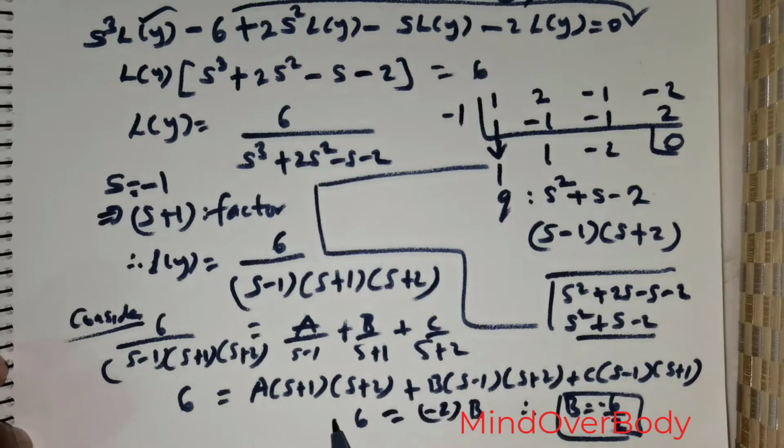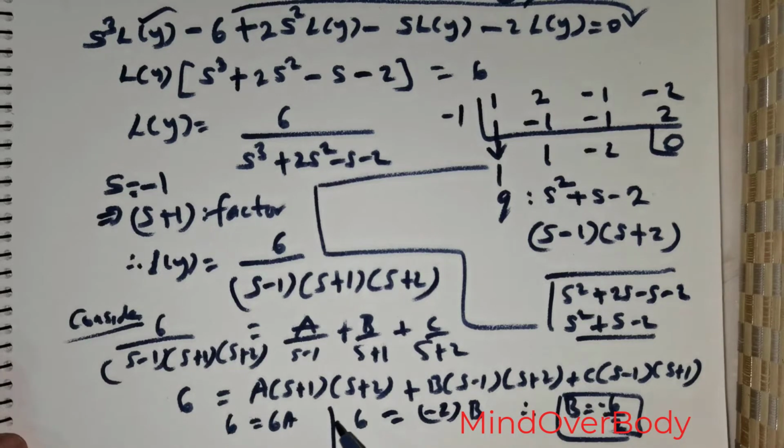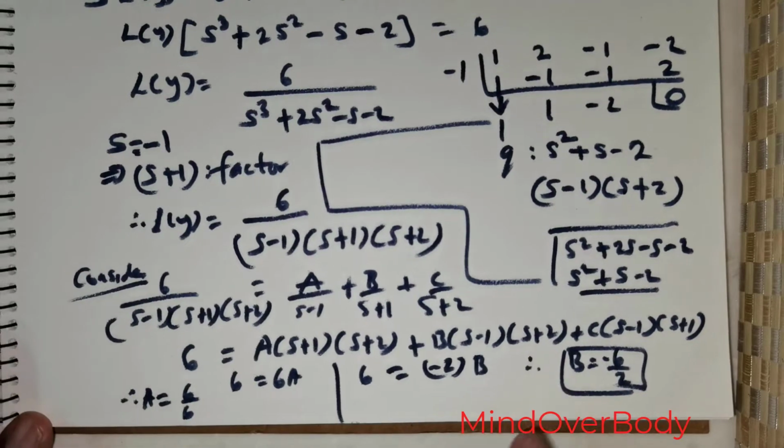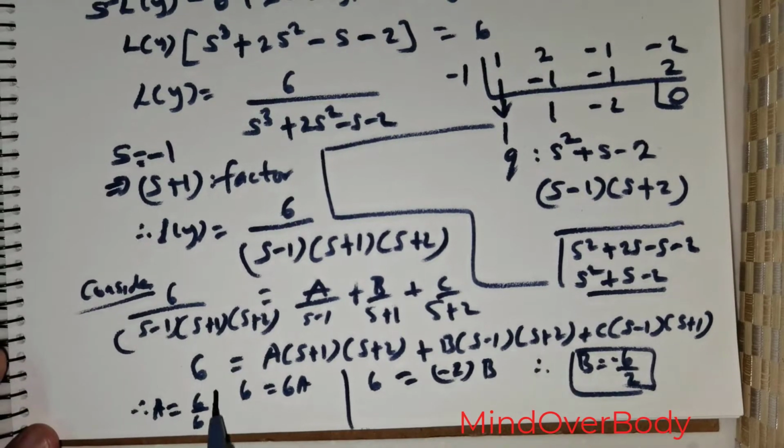So I am getting 6 times a, and 6 times a is equal to 6. Therefore a is equal to 6 over 6, which is equal to 1. I know that it is equal to 1, but I'm just retaining it like that.